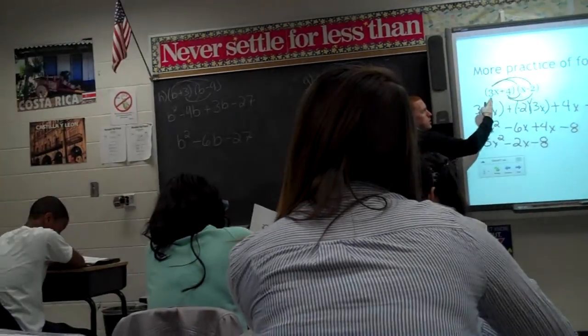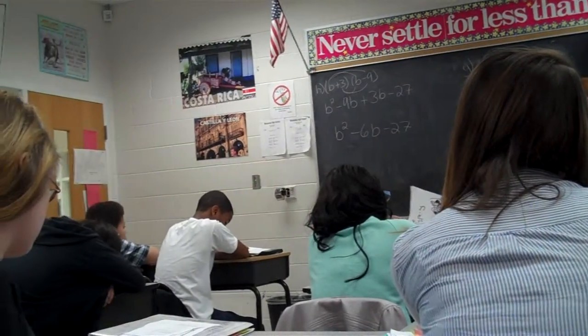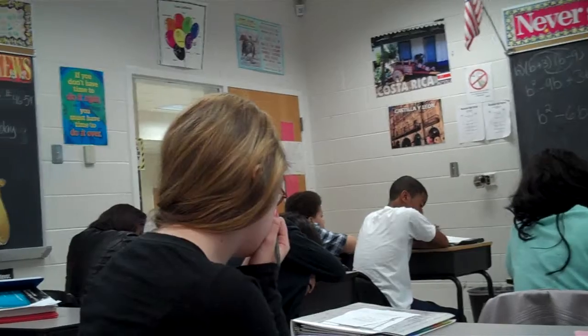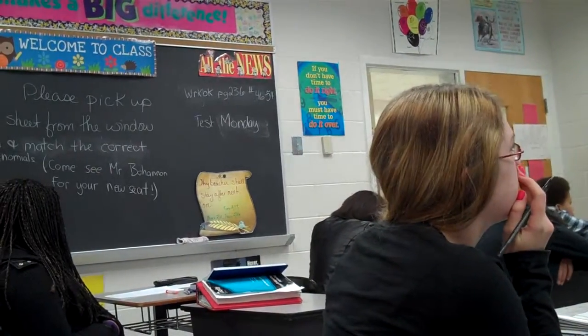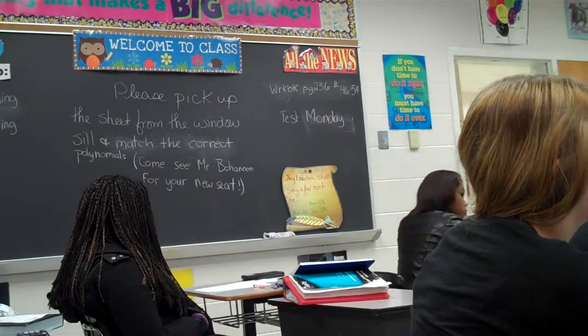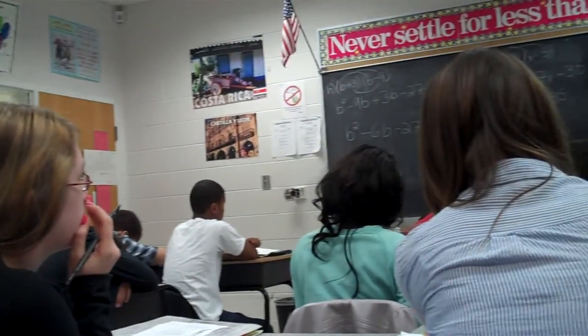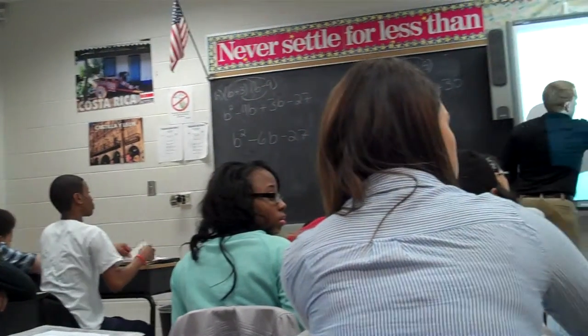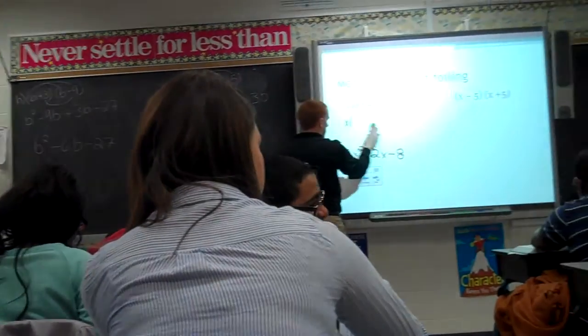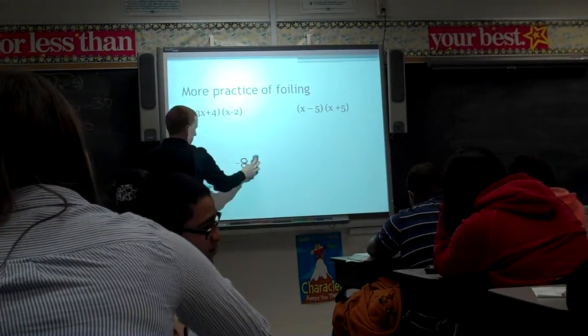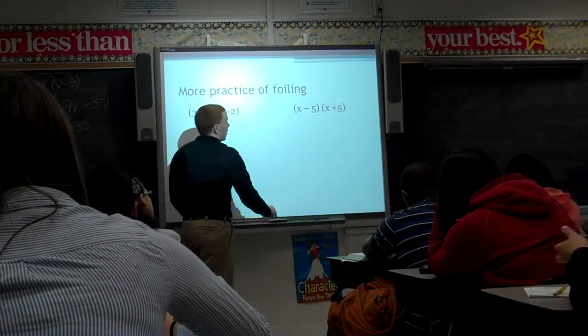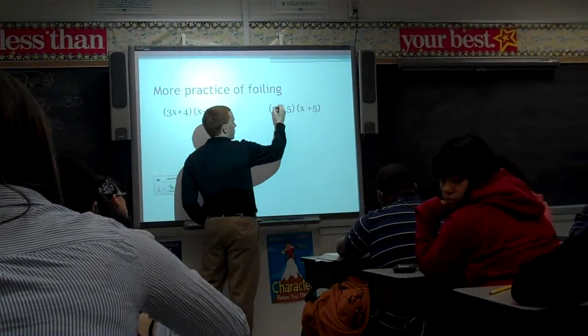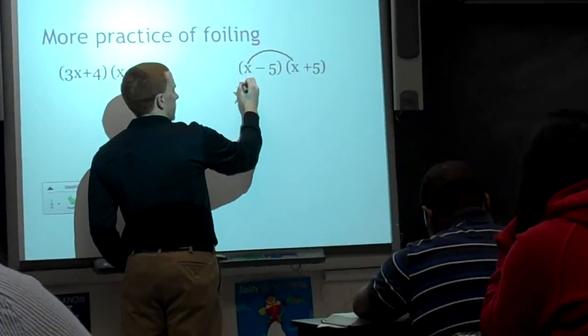Now when we multiply these binomials, we end up with a trinomial. Well, let's see what happens when we try this one. Okay, so once again, FOIL says first, x times x, x squared.